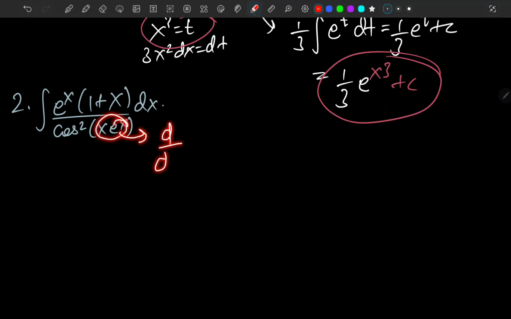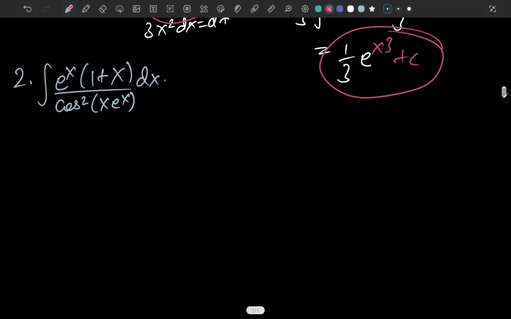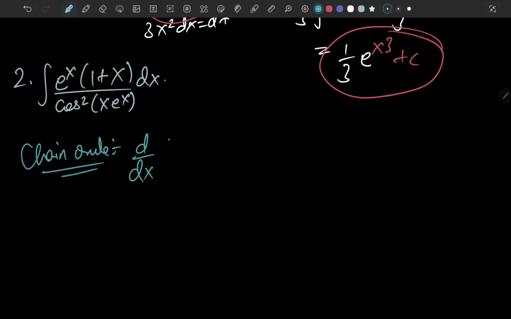When you take the derivative of x times e to the x, you have to use the product rule, which is what the speaker calls the chain rule. Let me tell you what it says. It is the derivative of two functions multiplied to each other, let's say f of x times g of x.